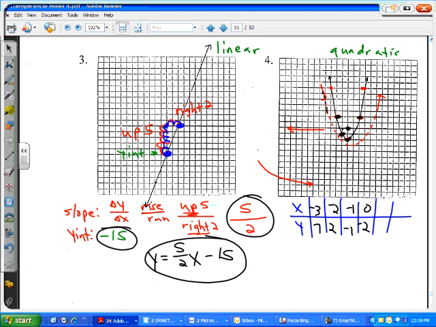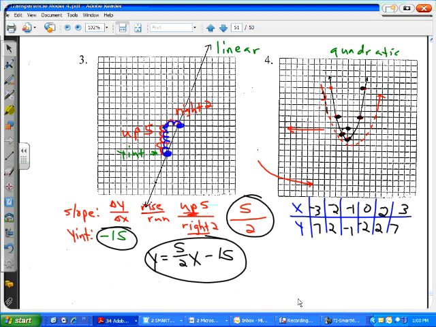The next point is to the right 2, up 2. The next one is to the right 3, up 7. And so we have created a table of points on that parabola, with the x's ordered from least to greatest and the y's following.